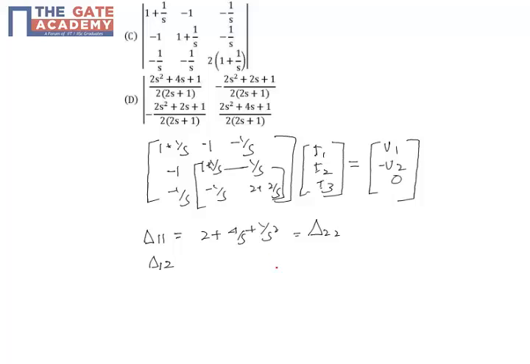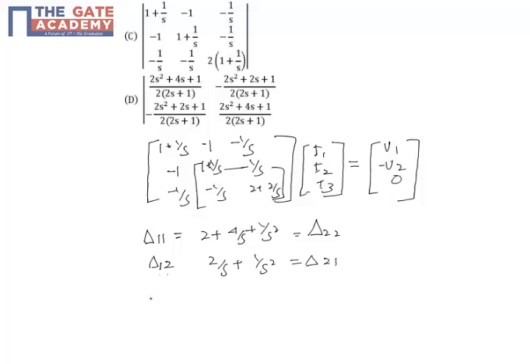But one thing we have to keep in mind is, while calculating the cofactor, we have to multiply it with negative 1 to the power of 1 plus 2 here. Since negative 1 to the power of 2 is positive, we omitted it in the previous case, but in the next case we have to consider that. So considering that and then determining the determinant of the resulting matrix, we get del 12 is equal to 2 by s plus 1 by s square, which is again equal to del 21.